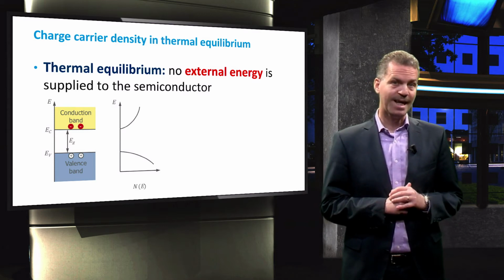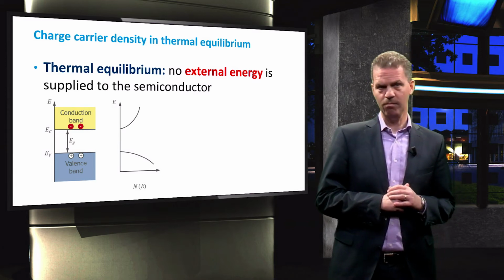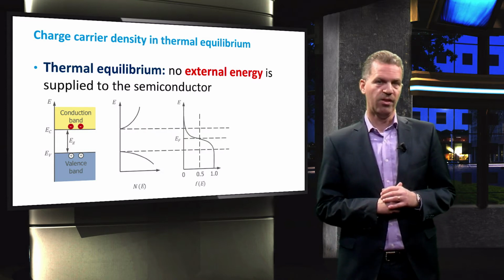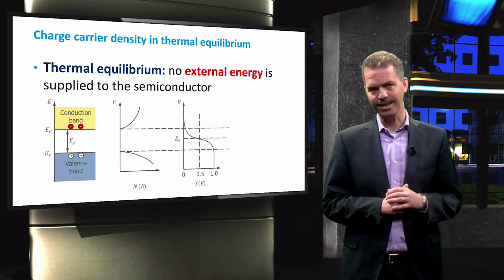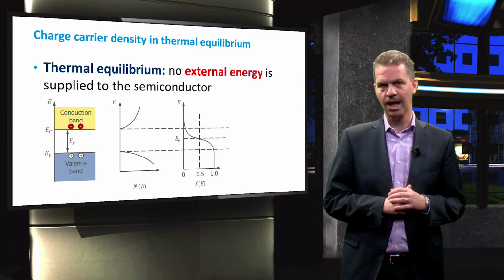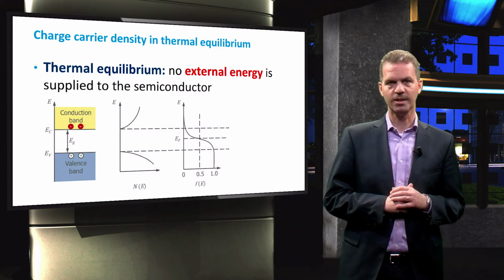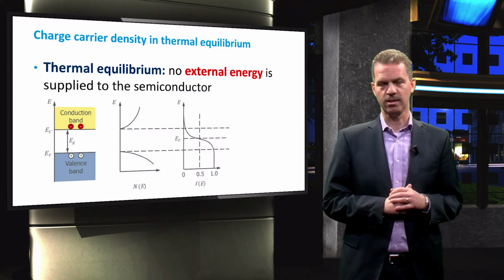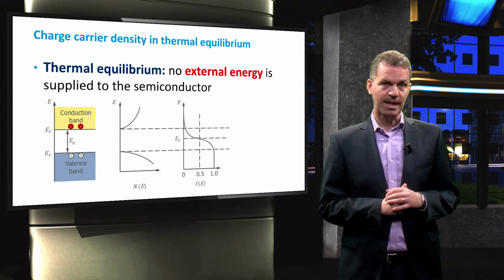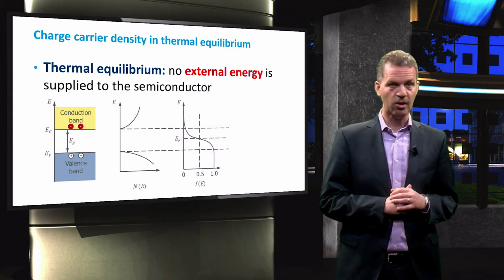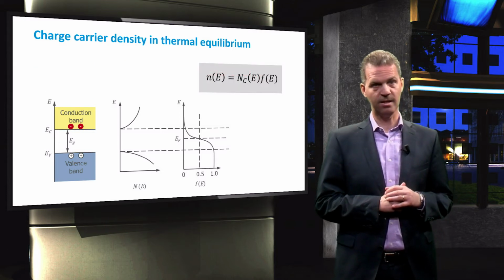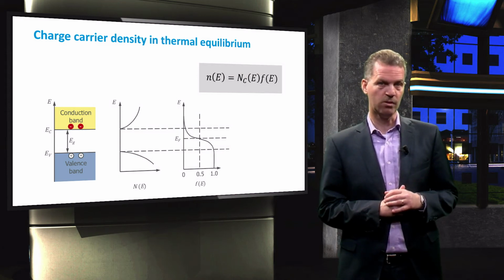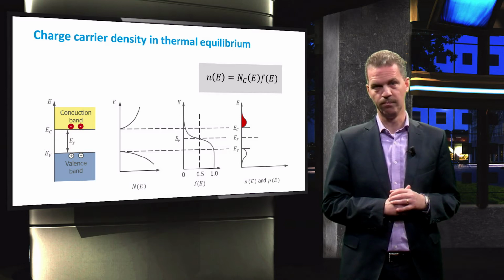The probability that these states are occupied is given by the so-called Fermi Dirac distribution function. This distribution function is centered around the Fermi level and at a temperature larger than 0 Kelvin has a tail that extends into the bands. The electron density in the conduction band can then be calculated by multiplying the density of states function with the Fermi Dirac function, and we find a drop-shaped distribution.